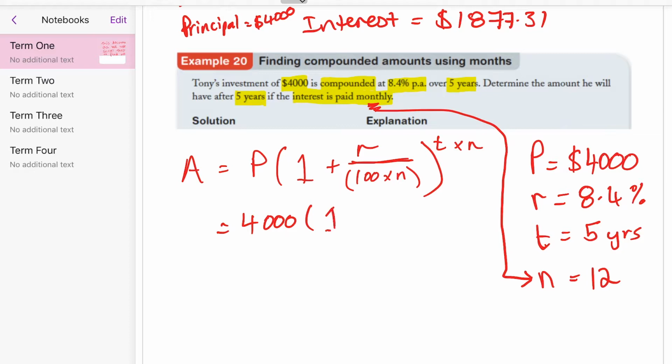So 4,000 is my principal. My 1 plus that. My rate is 8.4 divided by 100 times 12. And my time is for 5 years multiplied by 12. So notice that I've done this bracket 100 times 12.